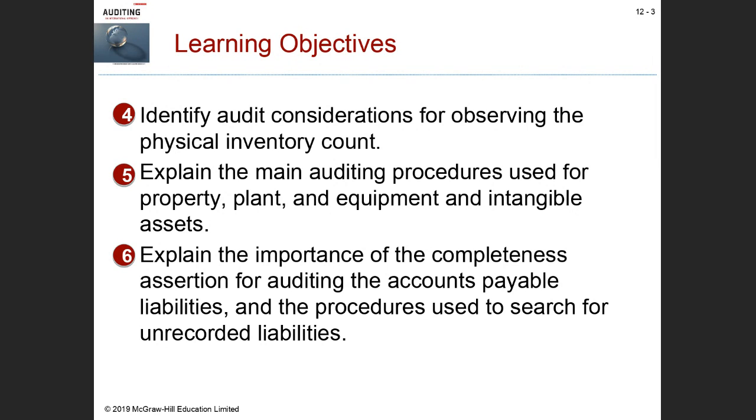It's purchasing assets. So property, plant, equipment, maybe purchasing another business, buying goodwill. These are all purchases. So what types of procedures do the auditors use for these types of assets? We'll talk about that during the course. And one thing to keep in mind is purchases of property, plant, and equipment and intangible assets.